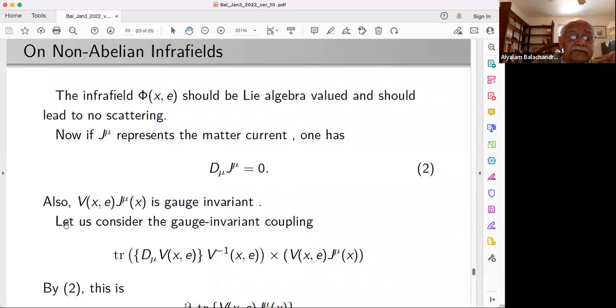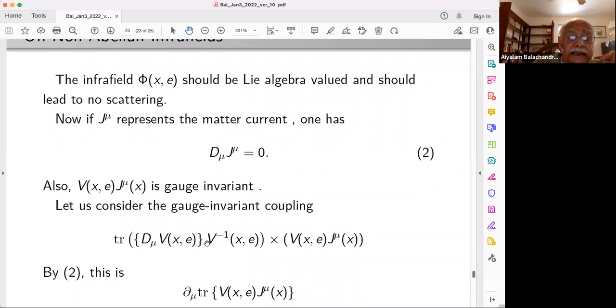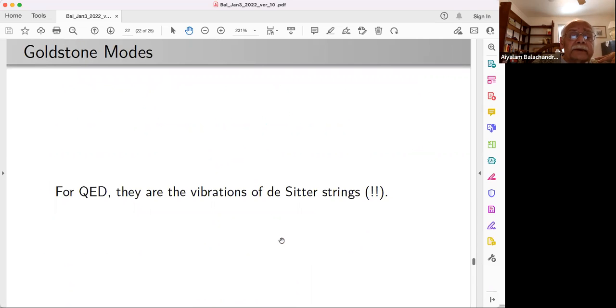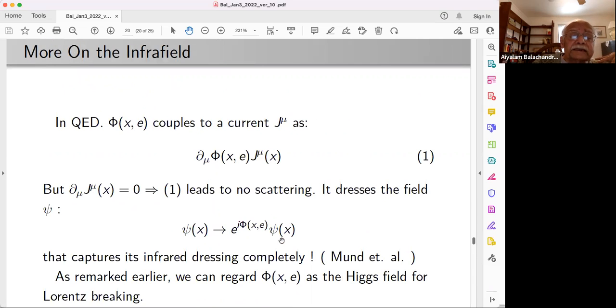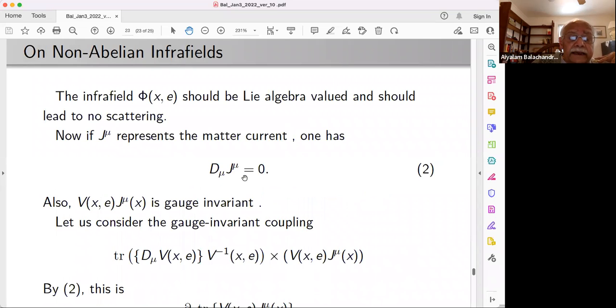Also, if I take this Wilson line acting on J mu, it is gauge invariant for local gauge transformation at X. So I can imagine doing a gauge invariant coupling where I take V, covariant derivative of V inverse, multiply J mu. This is clearly gauge invariant, and this is a possible coupling. I think that this could be the analog of this coupling I wrote down, this coupling here. It is certainly gauge invariant for local gauge transformations.